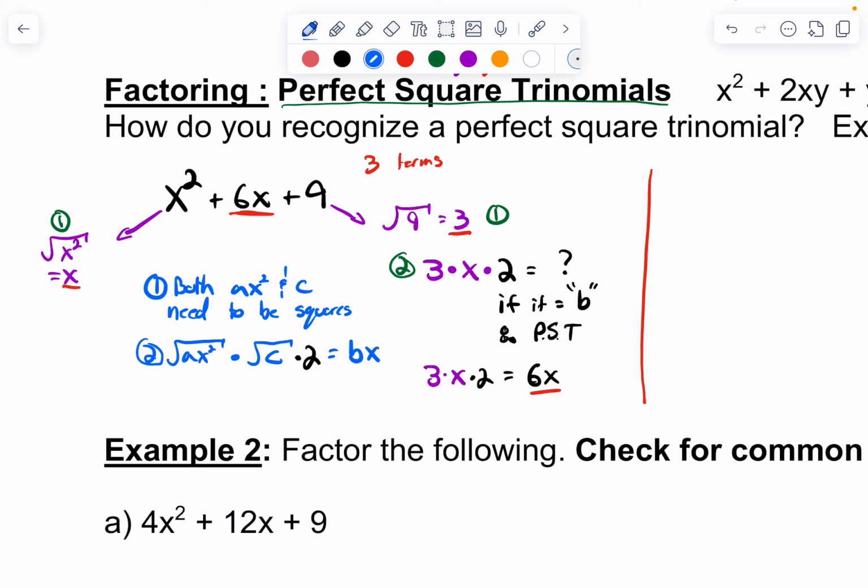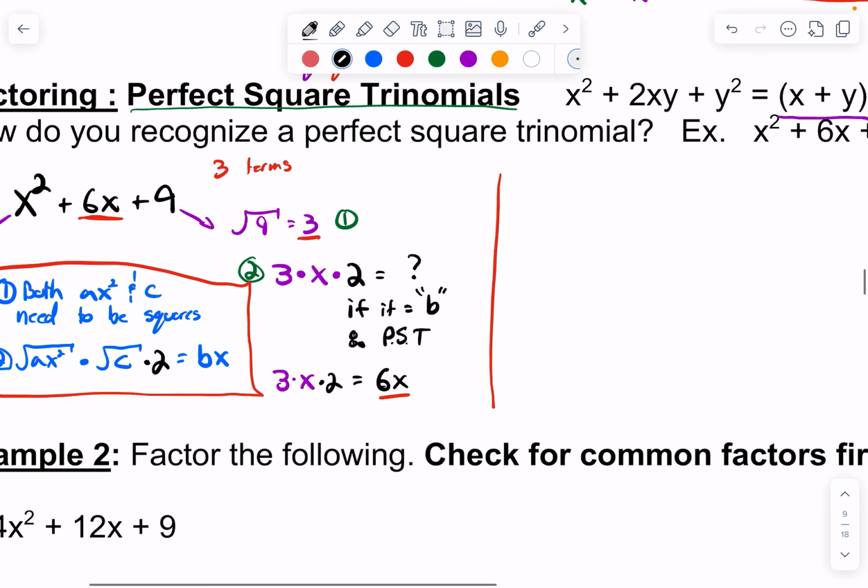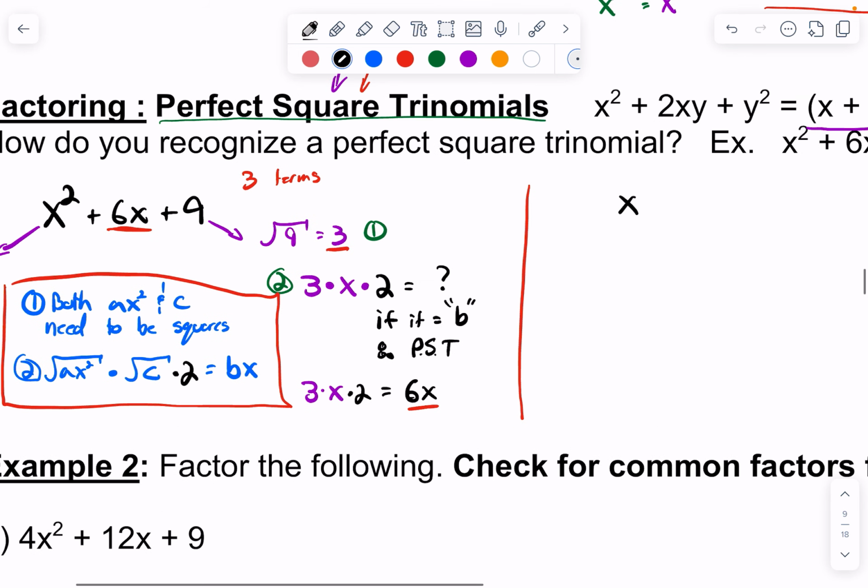Both of these things need to be true for it to be a perfect square and to apply this formula. So we have identified x squared plus 6x plus 9 to be a perfect square.